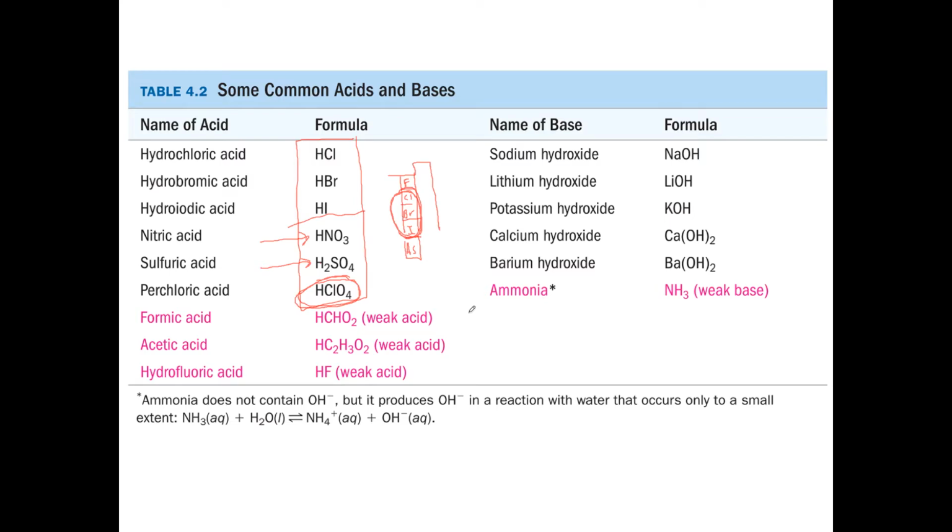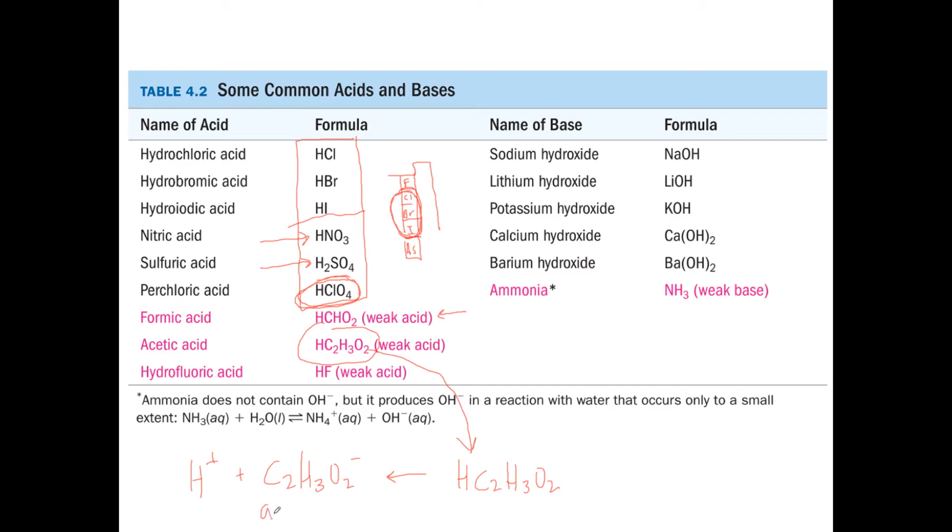Formic acid, I can't think you'd ever get that question unless you were told what it was. But acetic acid, you know what acetate is because you memorized it. C2H3O2 minus, right? And if we put an H plus on the front of that, then this is going to be HC2H3O2, which is acetic acid.